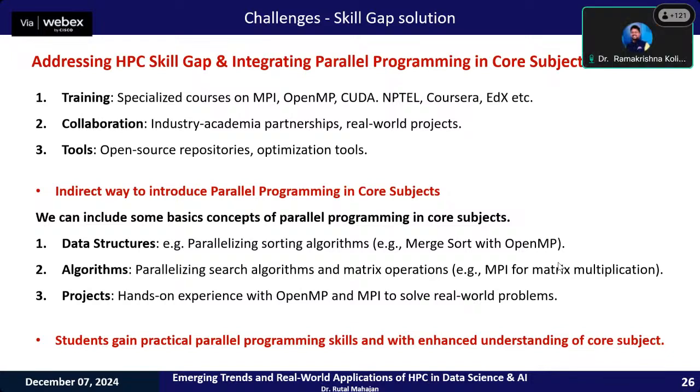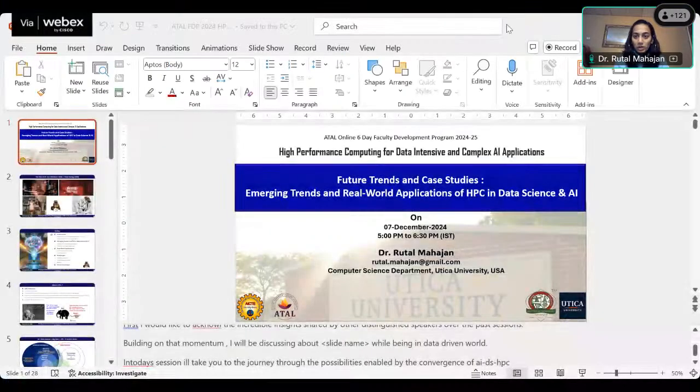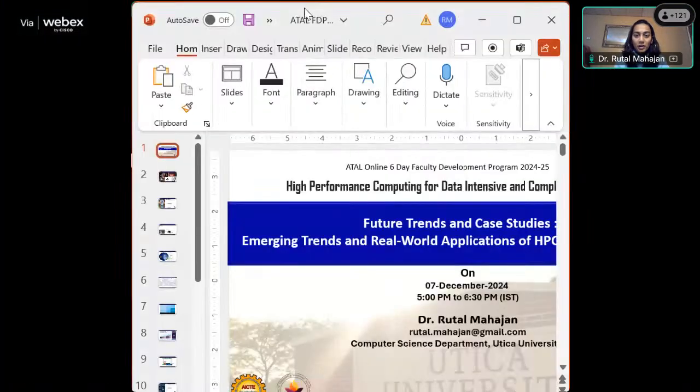Yes. So do you have something in the curriculum? You have already addressed it. If you want to see my current curriculum, then I can share that, meaning how I included the basics of parallel processing in my current subjects. Actually, over here we have the flexibility to introduce any topic within a particular subject.